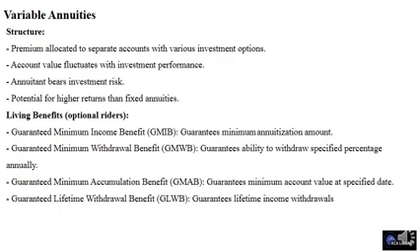Guaranteed minimum income benefit, that is GMIB, guarantees a minimum annuitization amount. Guaranteed minimum withdrawal benefit, that is GMWB, guarantees the ability to withdraw a specified percentage annually. Then guaranteed minimum accumulation benefit, GMAB, guarantees a minimum account value at a specified date.